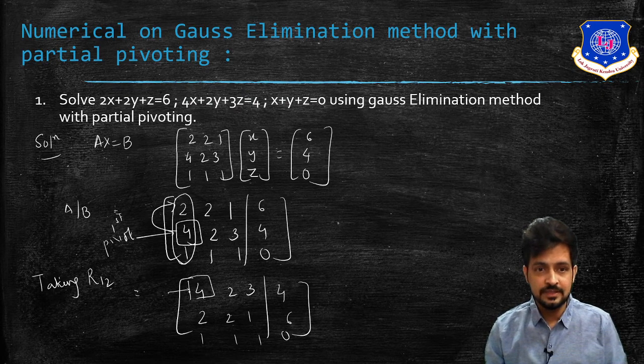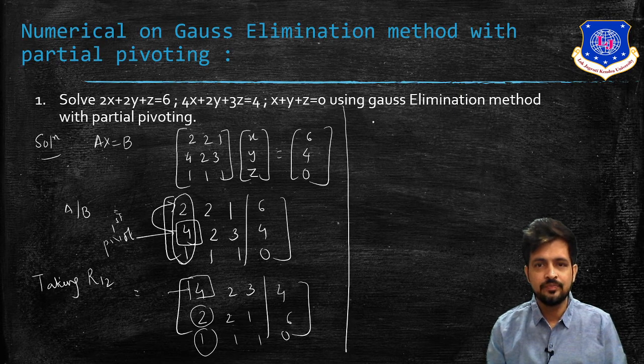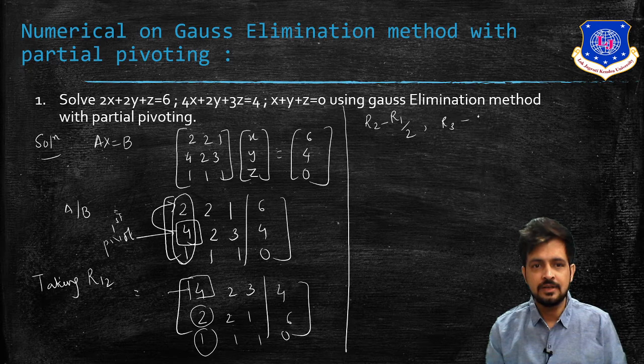Now using this first pivot, I have to make these two elements 0. So how can I do that? Which operation do I have to do? I have to use R2 minus R1 by 2 and R3 minus R1 by 4.